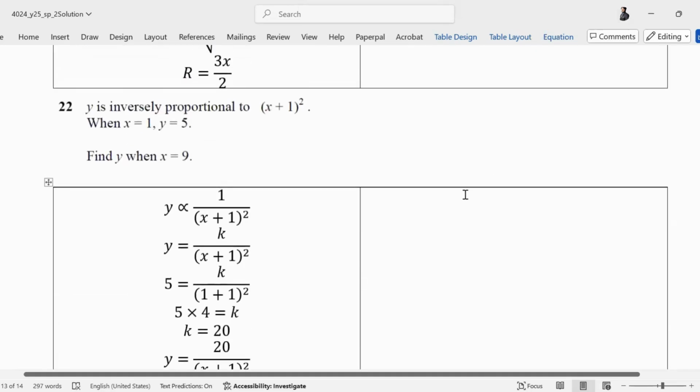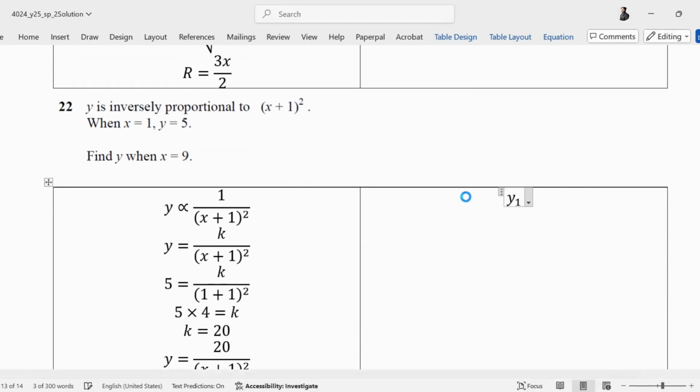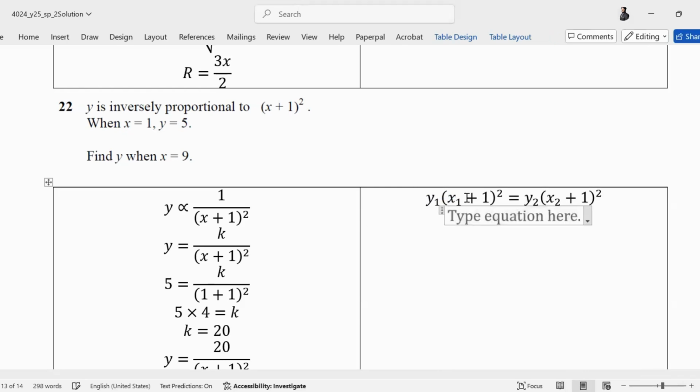Another way of doing the same question: when we know that quantities are inversely proportional, their product is constant. So y1 and (x1 plus 1) whole squared, this is one set of values, the product of one set of values, equals y2 and (x2 plus 1) whole squared, the other set of values. So I do not know y when x is 9, and I know that y is 5 when x is 1.